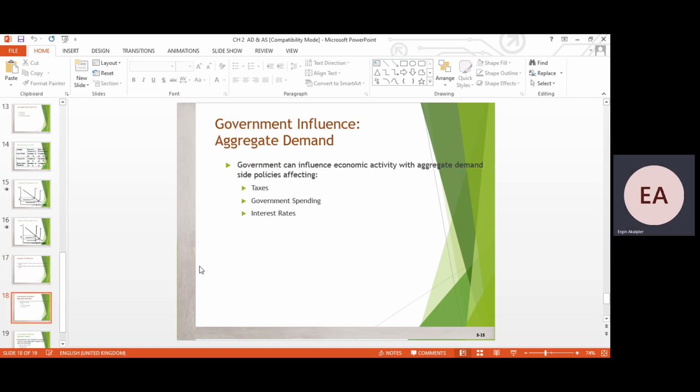The government influences aggregate demand. The government can influence economic activities with aggregate demand side policies affecting taxes, government spending and interest rates. I have already mentioned the taxes. If taxes are increased, the aggregate demand is supposed to be reduced and restricted because of the tax applied to the products or to the incomes.